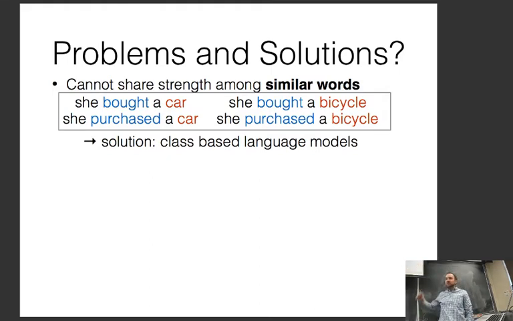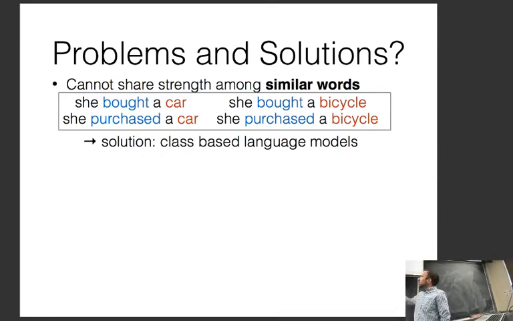They're a little bit different in register, maybe. You might say bought in some situations where you don't say purchased, and vice versa. But they basically mean the same thing, so they will probably appear in similar contexts. Similarly, bicycle and car are both vehicles, so they'll also appear in similar contexts, probably.